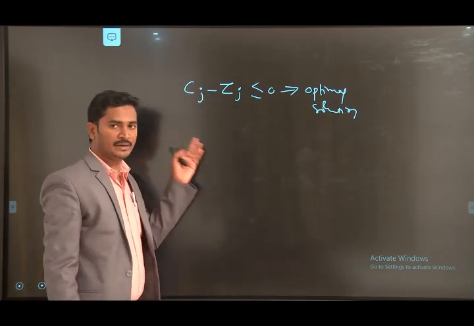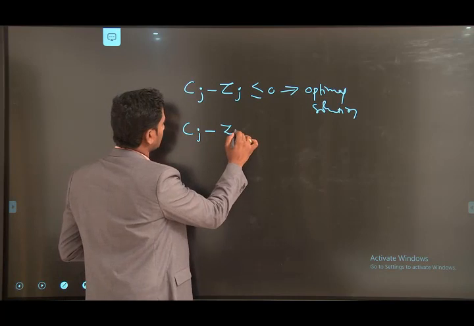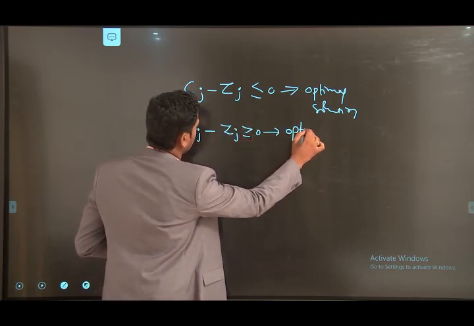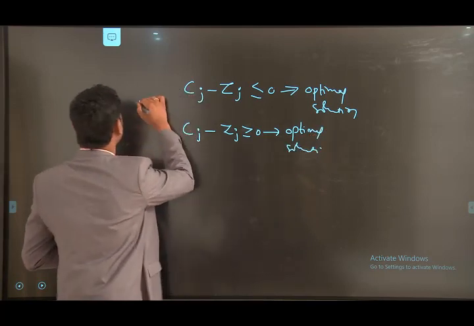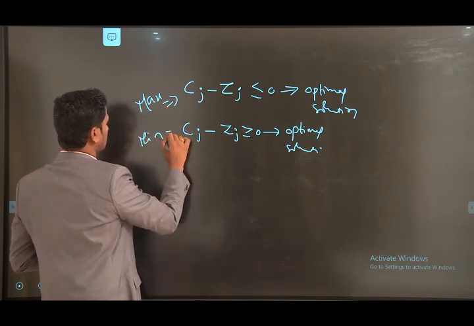But here in the minimization case it is different. If Cj minus Zj is greater than or equal to 0, then only the problem reaches optimality. That is for the maximization type and the minimization type.